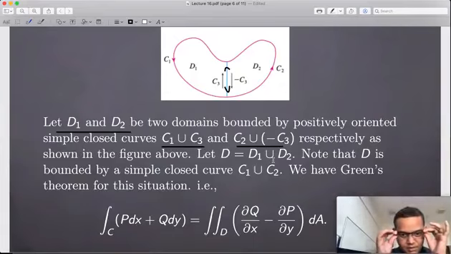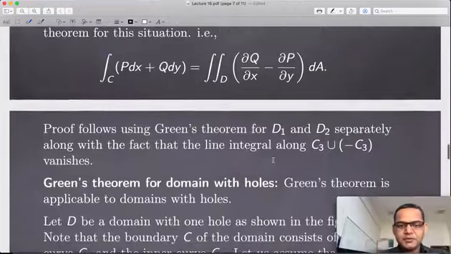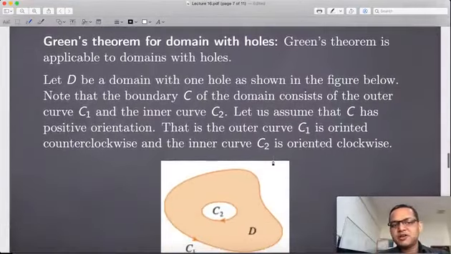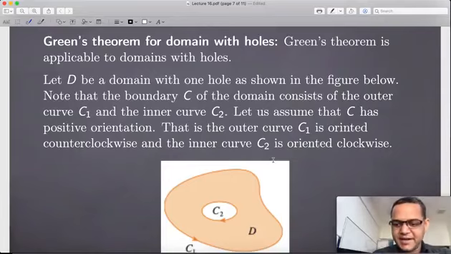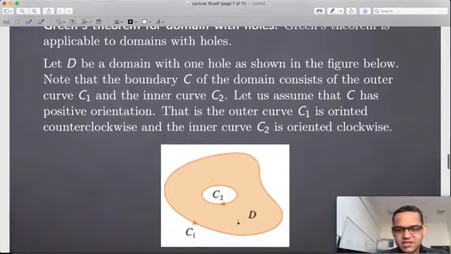Okay, all right. Now a third type of domains can be the domains which have got holes, so the domains which are not simply connected. Okay, so this is the domain you are interested in, and what is the boundary here? Now you see there is going to be an outer boundary and you want to give a positive orientation, so the orientation will be like this, so that your domain always lies on the left, whereas if you go to the inner part, so there is an inner boundary also here, correct.